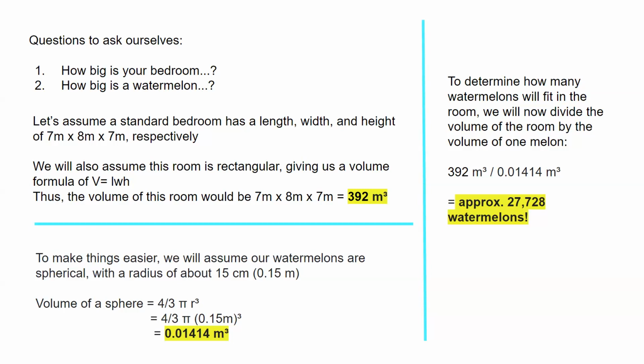So sometimes it's just beneficial to go through a problem and not really care about the numbers, but focus on the process instead. So in this case, we found the total volume of the room, and how many watermelons would fit would just be the volume divided by the volume of a singular watermelon. So based on this, we would have approximately 27, almost 28,000 watermelons.